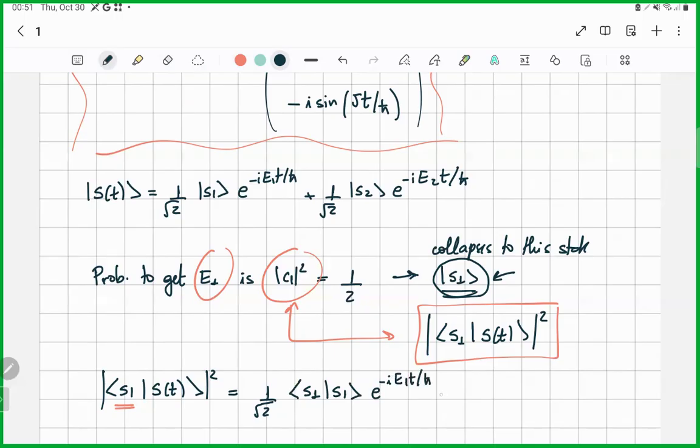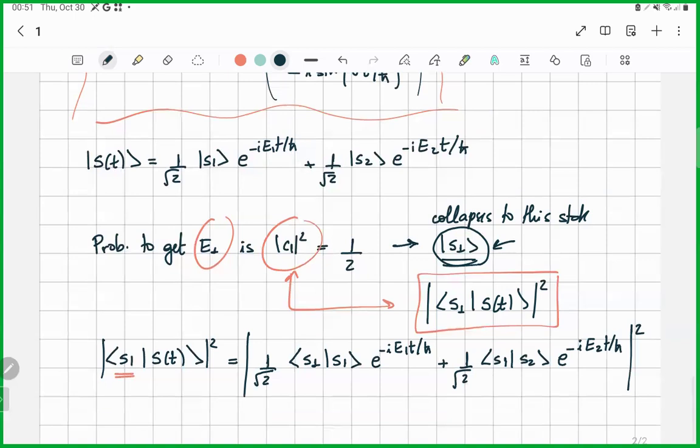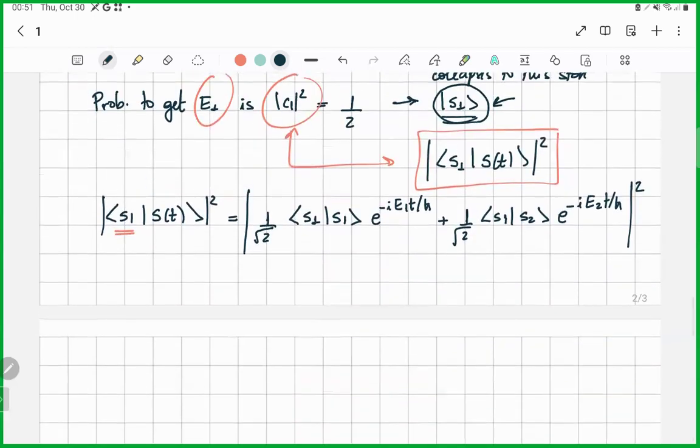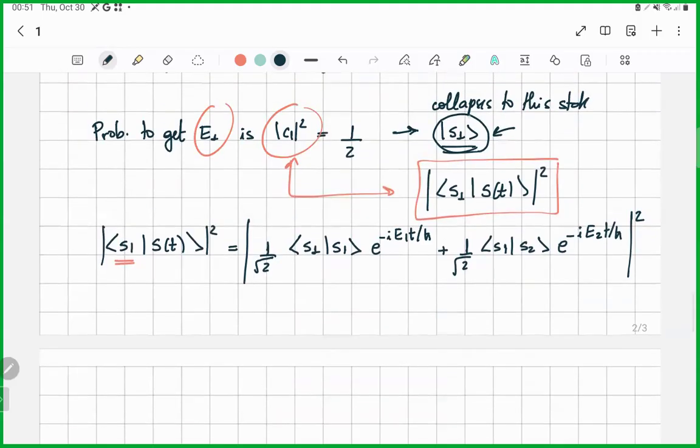Okay, and then we have 1 over square root of 2, now with this second part, so S1 with S2, exponential minus the whole thing. All that absolute value squared. Okay, so this is the probability that if I measure my system, I will find my system in that state S1.